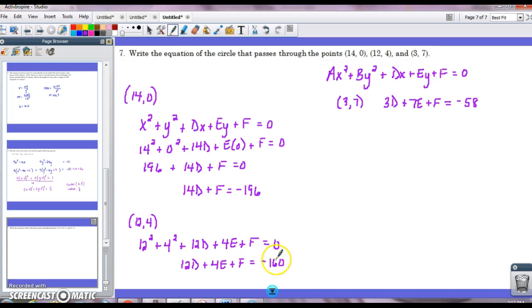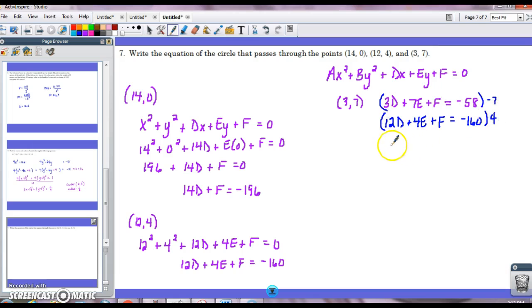If I take this equation down here, that's 12d plus 4e plus f is equal to negative 160. So I'm going to multiply my top equation by negative 7 and my bottom equation by 4 because I want to eliminate the e's.